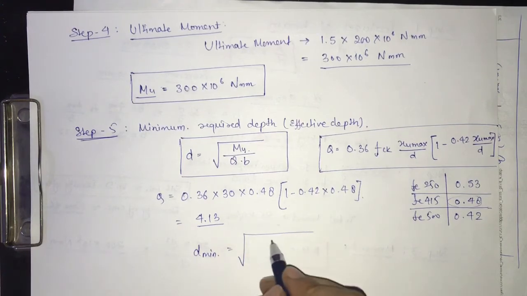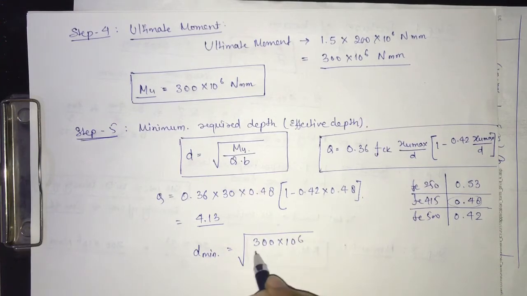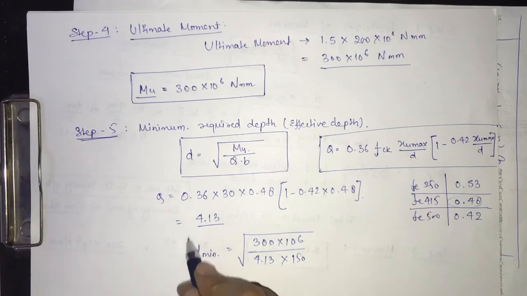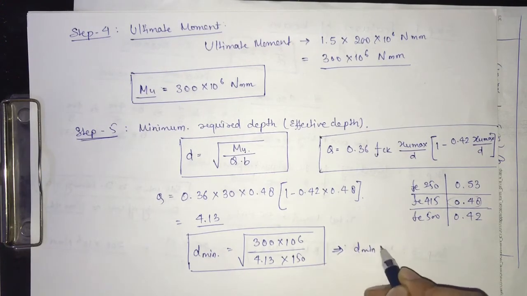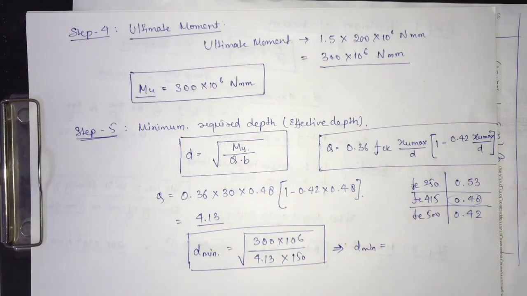It is equal to the root of 300 into 10 to the power 6 upon 4.13 into width, which was 150.